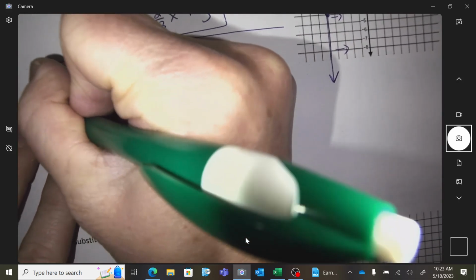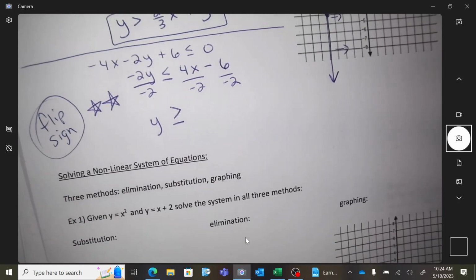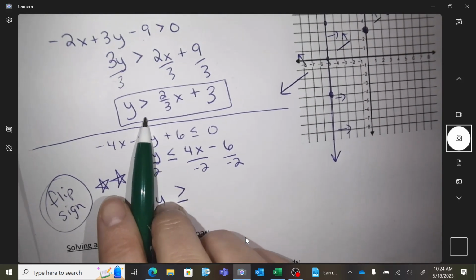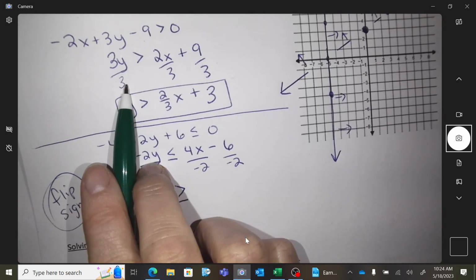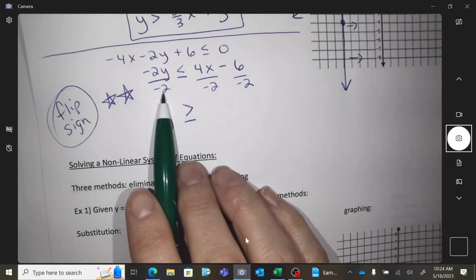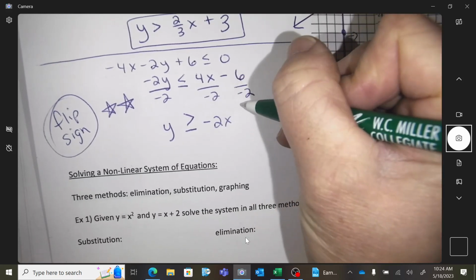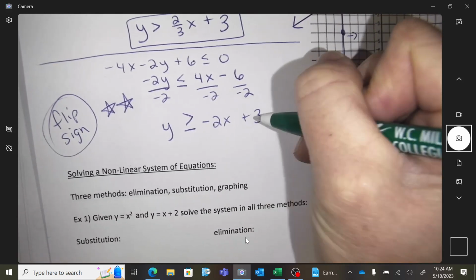So I don't know how else to help you remember that. Just that's what happens. The sign flips over. Only, did you notice how I didn't do it here? Because I divided by 3, +3, so I didn't do anything different. But here, there was a flip. So this makes -2x, and this makes a +3.